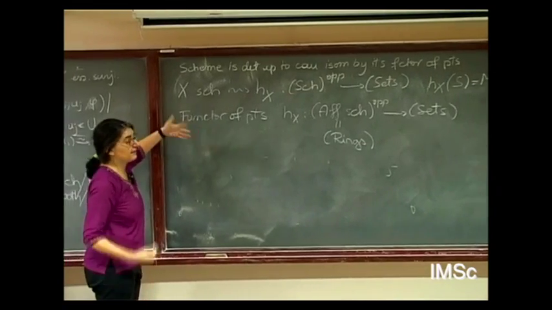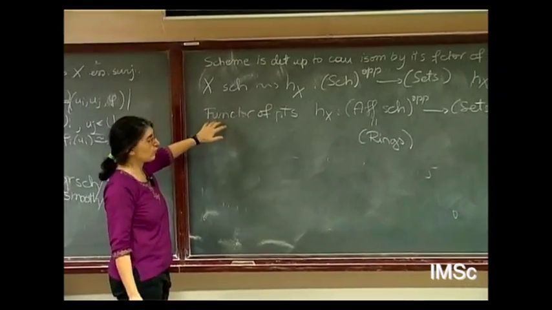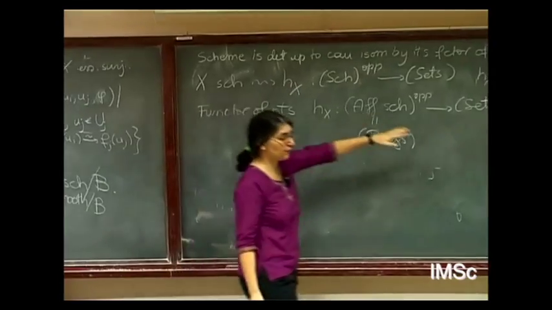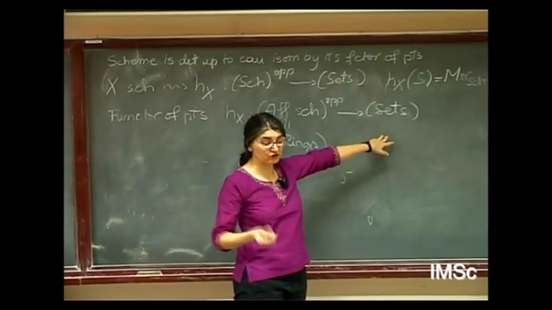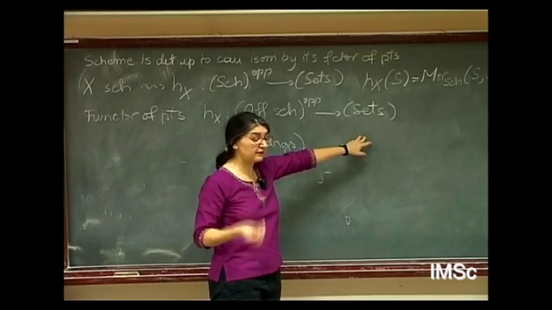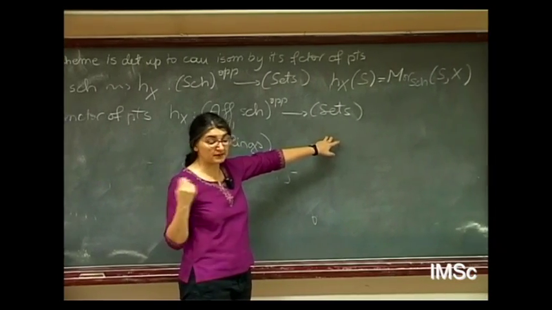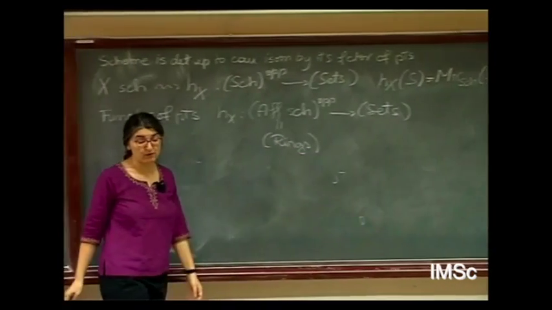And the point is that, of course, not every such functor is a scheme, but if it is a scheme, what is called representable, then the scheme which it represents is unique up to canonical isomorphism.